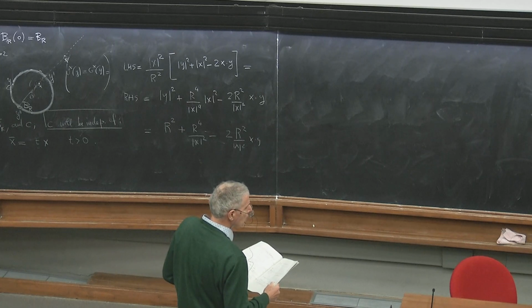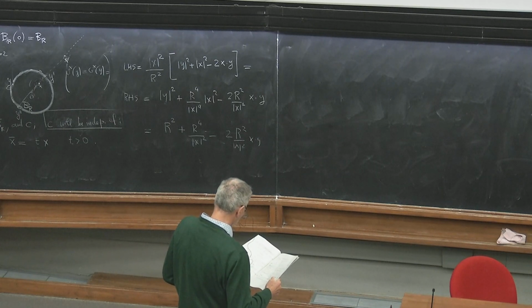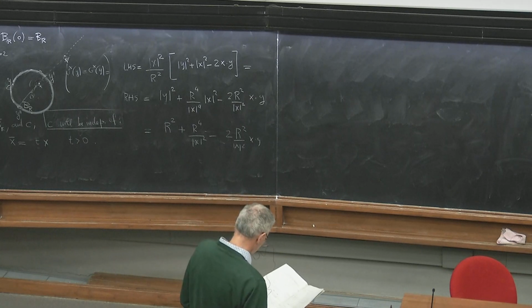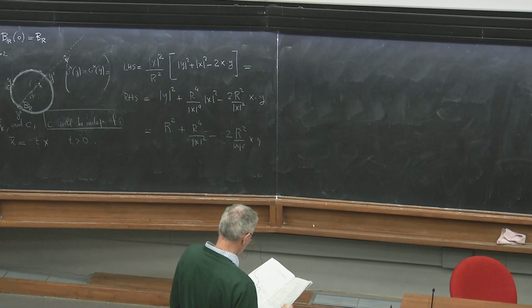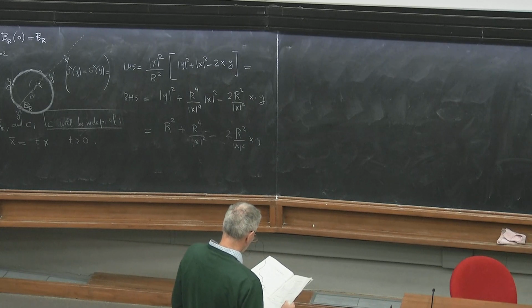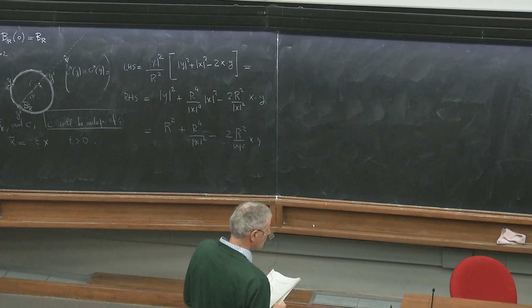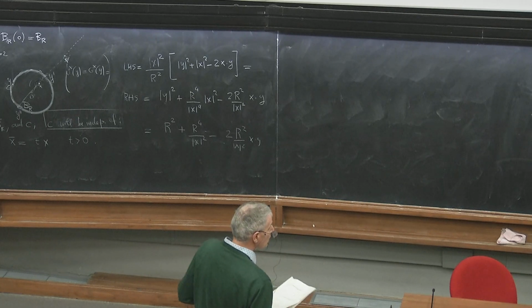y minus x squared equal y minus x squared, that's correct, equal y minus x bar squared equal k squared y minus x squared.